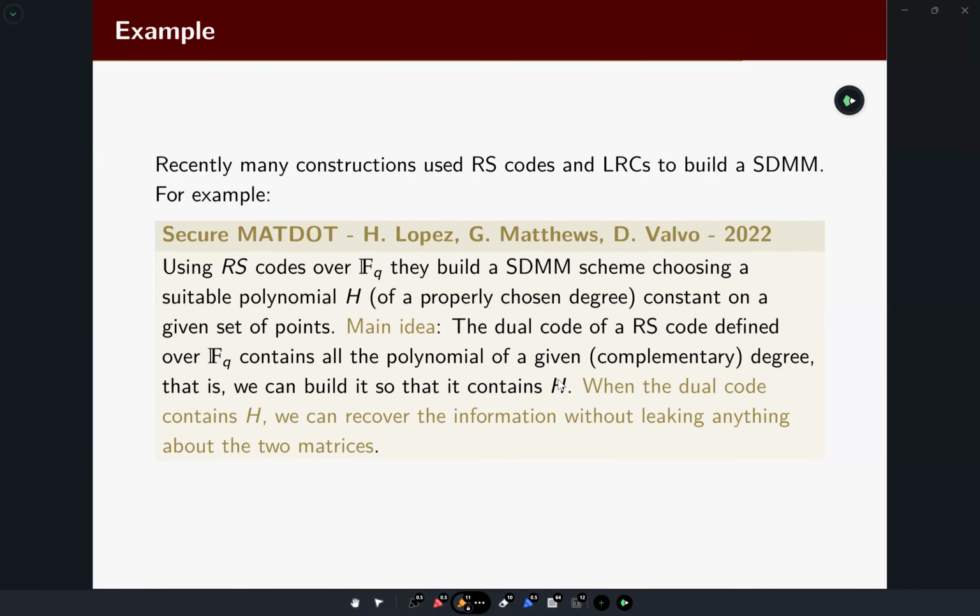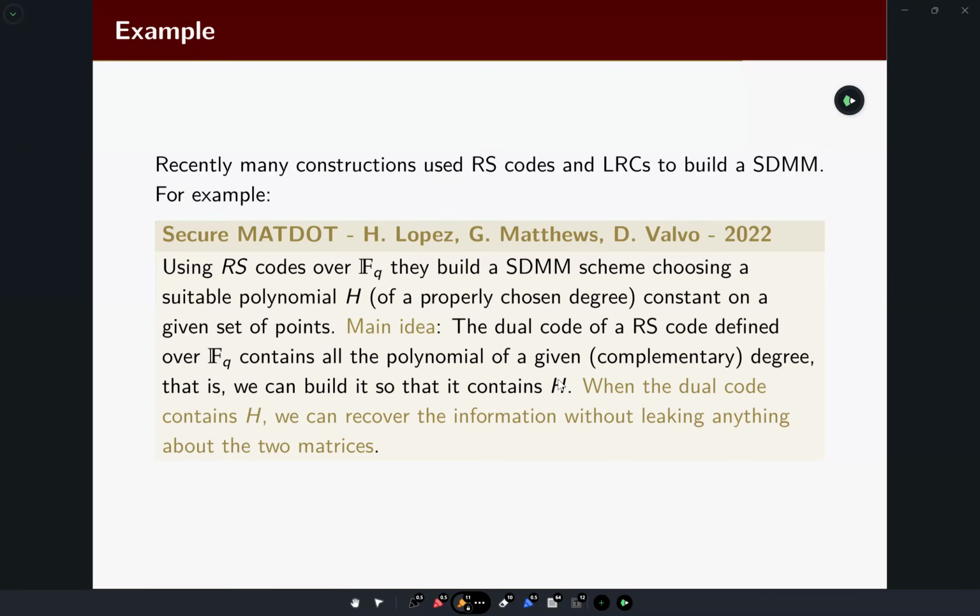And the main idea is that they use Reed-Solomon codes in order to build a secure distributed matrix multiplication. The reason why it works is because the dual code of a Reed-Solomon code defined over F_q contains all the polynomials of a given complementary degree.